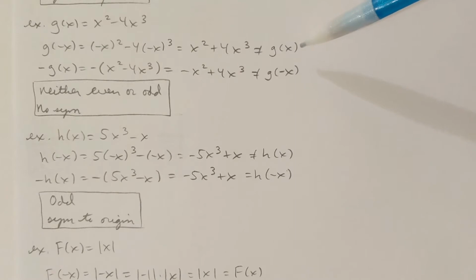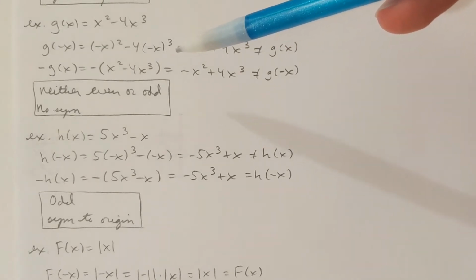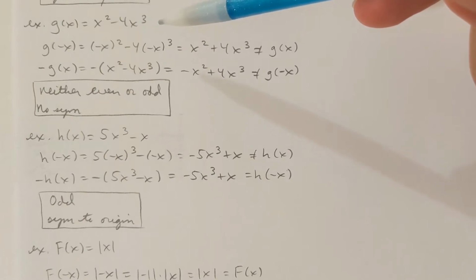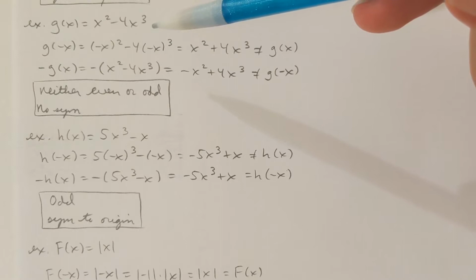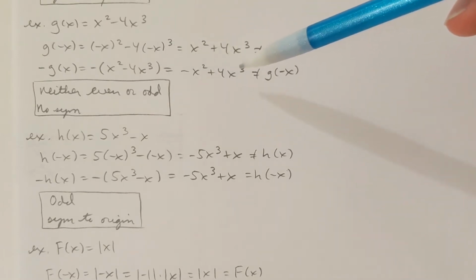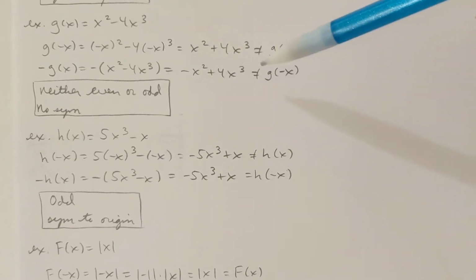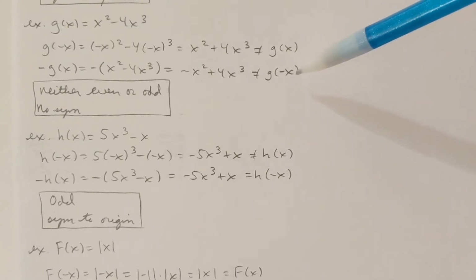This is not equal to g of x. So how about negative g of x? Negative g of x means negative the quantity x squared minus 4x cubed, which is going to be negative x squared plus 4x cubed. And that's still not the same, so it's not equal to g of negative x.